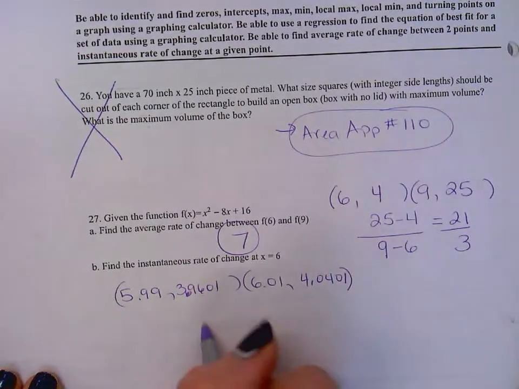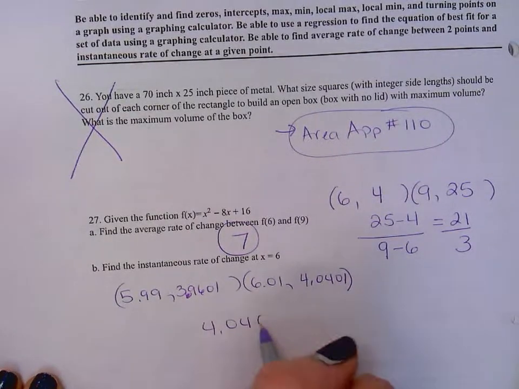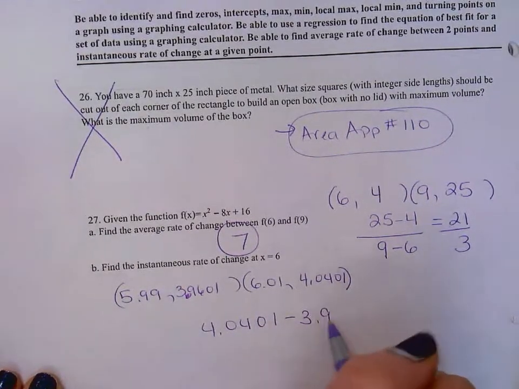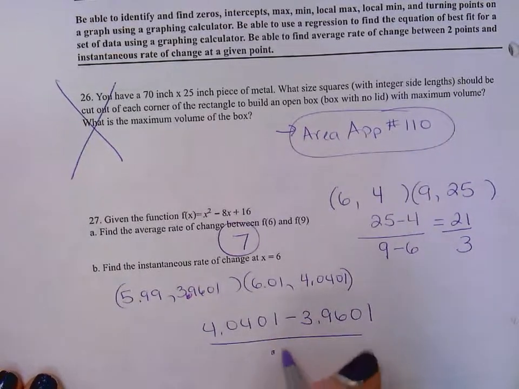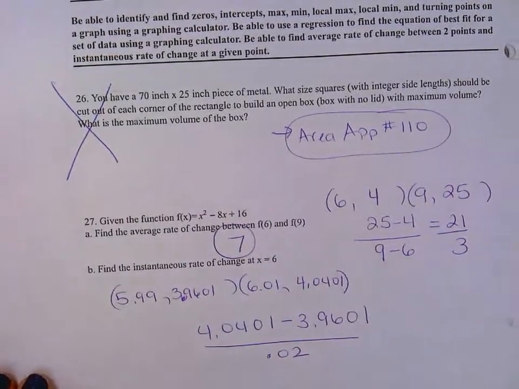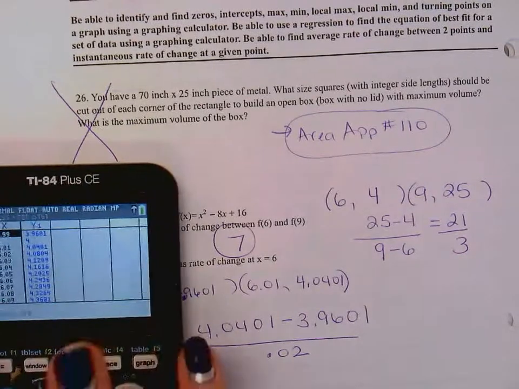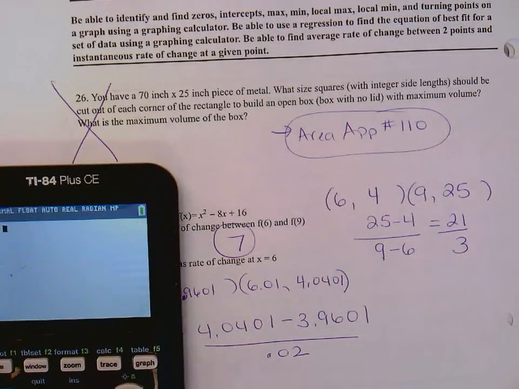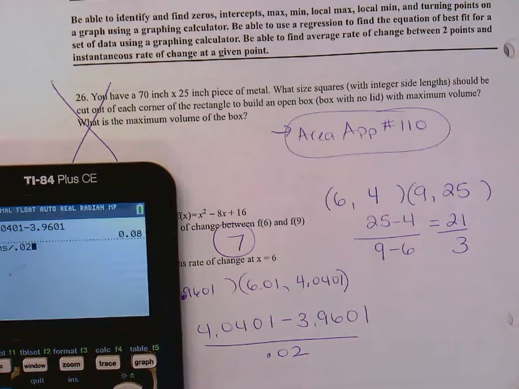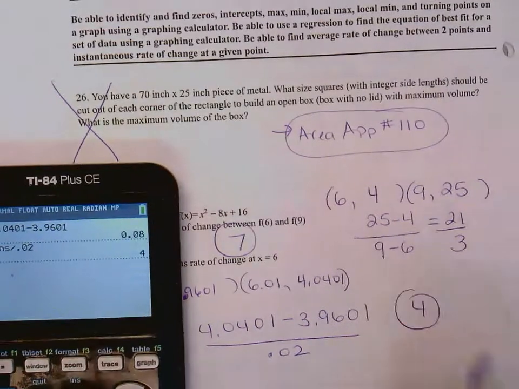So 4.0401 minus 3.9601 all over 0.02 on the bottom. 4.0401 minus 3.9601 divided by 0.02 gives me an instantaneous rate of change of 4.